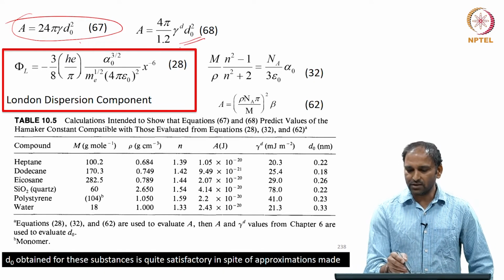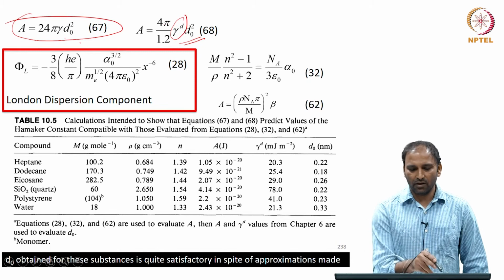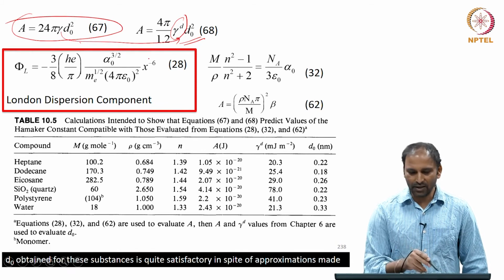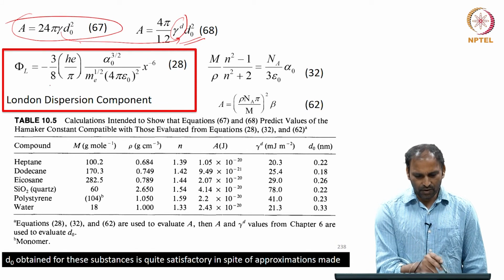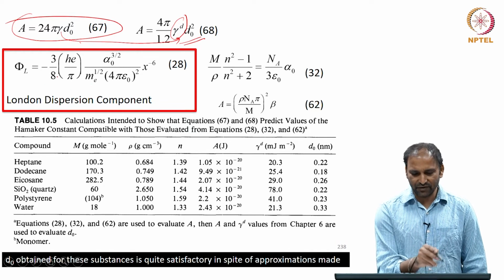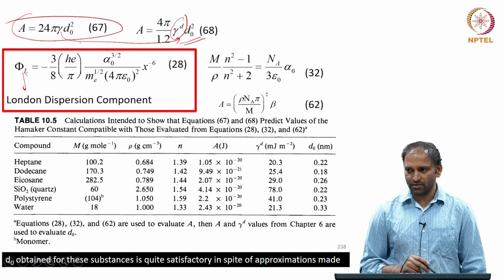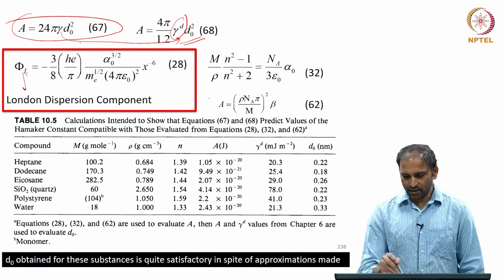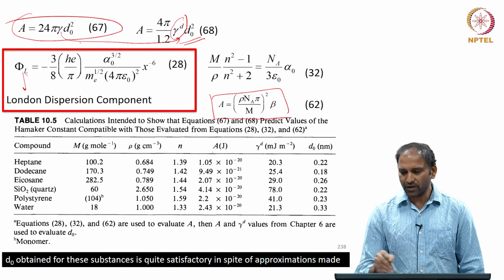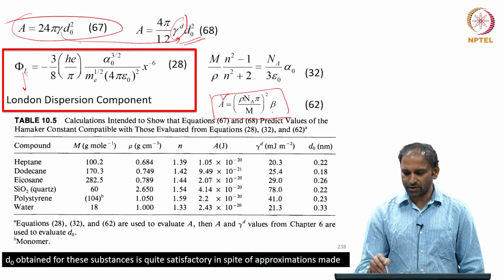This is where we considered gamma d instead. This is one of the expressions that we looked up earlier, an expression for the London dispersion forces. And this we looked up earlier, in which we related the Hamaker constant to beta and the other material properties.